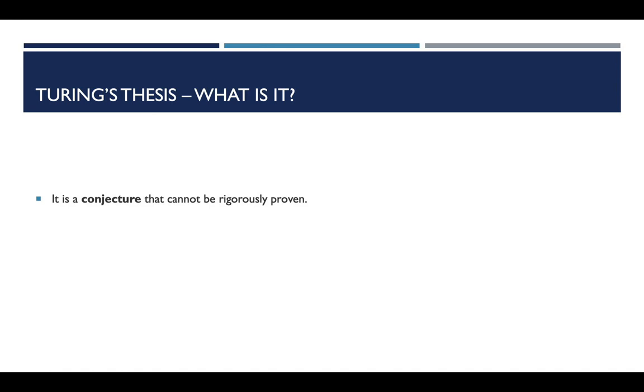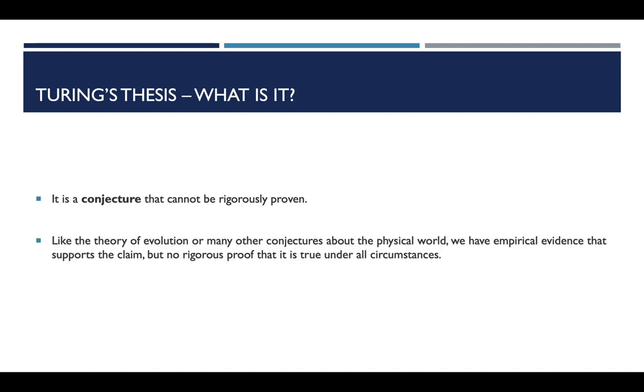Now that we've provided the motivation, it's effectively a conjecture. It is not a thing that can be rigorously proven or mathematically proven. It is an idea that as of yet has not been disproven. This is something akin to the theory of evolution, or pick your favorite conjecture about astrophysics.